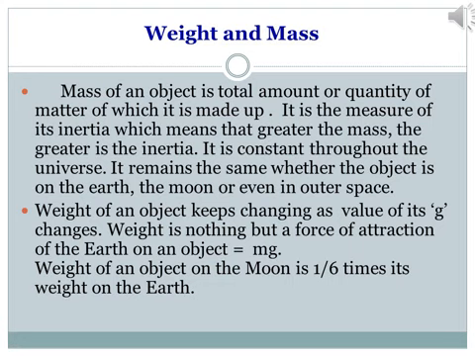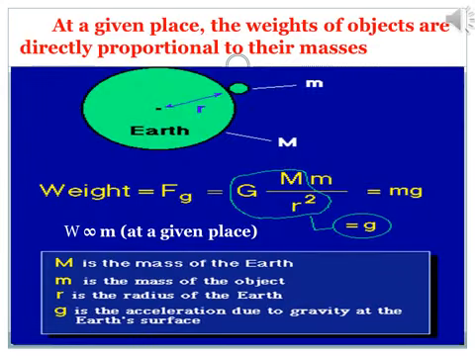Weight of an object on the moon is 1 by 6 times its weight on the earth. At a given place, the weights of objects are directly proportional to their masses.